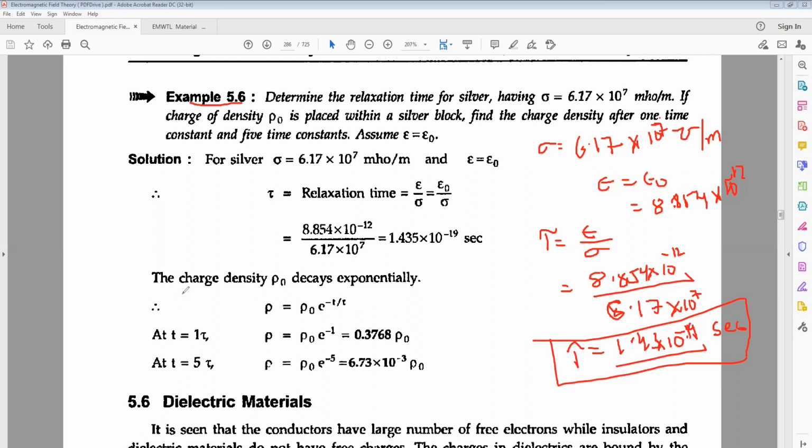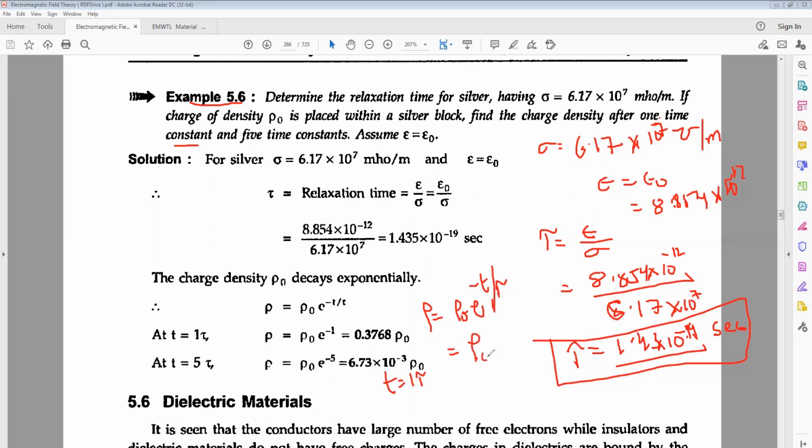And the charge density decays exponentially. They asked to find the charge density, given the initial charge density rho naught. Rho is equal to rho naught × e^(-t/tau). At t equal to 1 tau, so one time constant, find the charge density after one time constant.